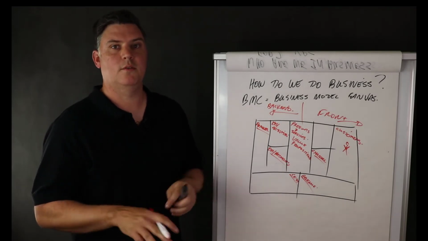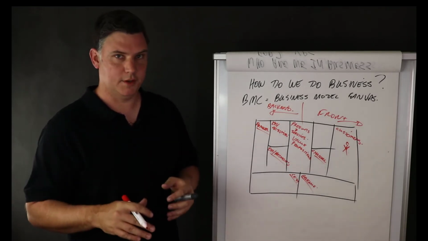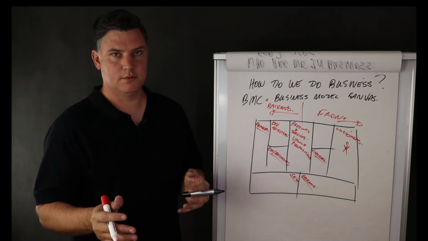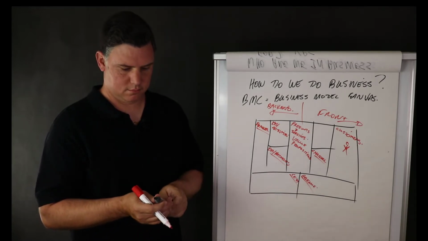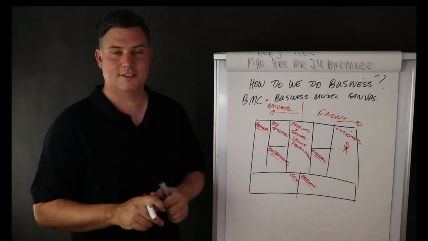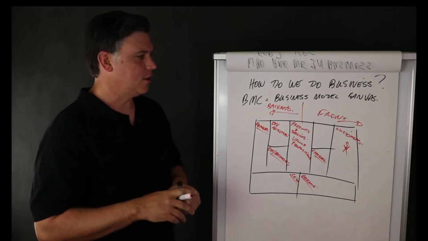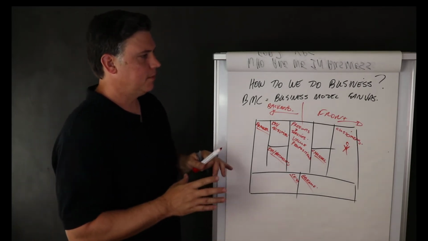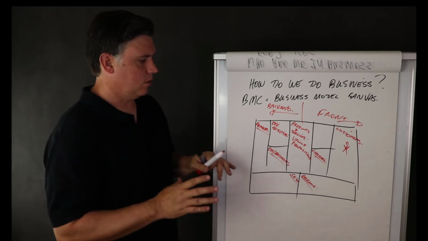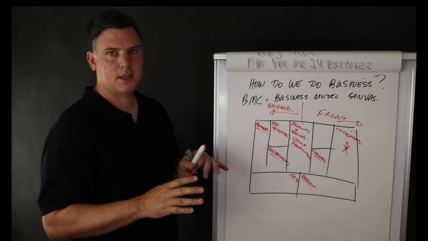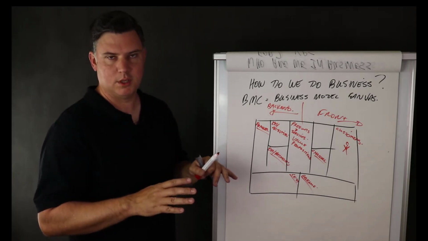We can't expect to do it all. If we did everything ourselves, we'd be infinite, which we can't be. So that's the concept of our business model canvas, and we can test our businesses out really quickly.